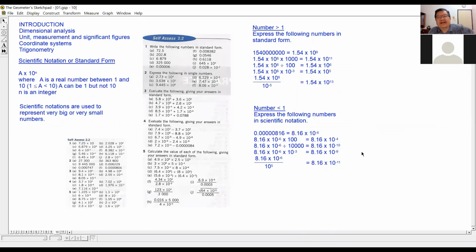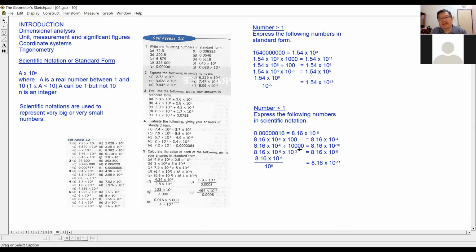So we continue with where we stopped the last lesson. In our last lesson, we stopped at the standard form, or the scientific notation. It involves a lot of zeros, because some of these numbers are very big and you cannot write out the number in full, so you have to express them in scientific notation.